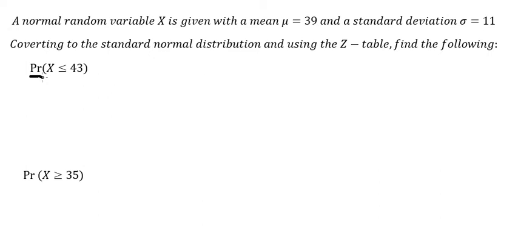Before we calculate the probability of this one, we need to convert into z, and that should be z equals x minus mu over sigma.